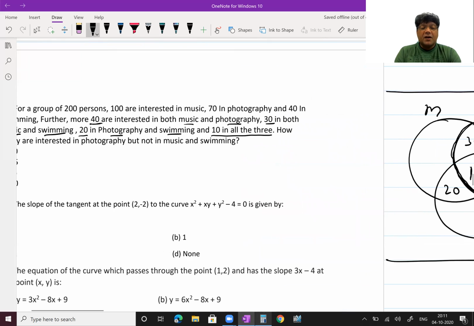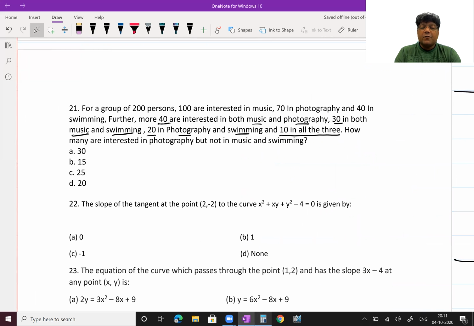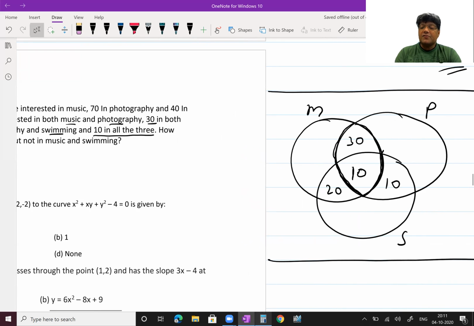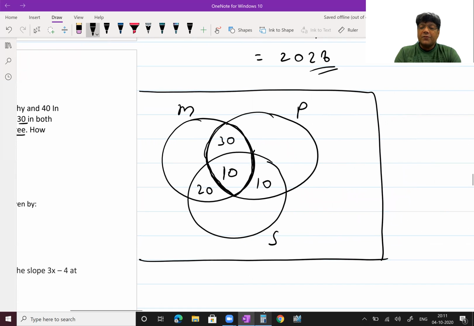Now, the question has asked how many are interested in photography but not in music and swimming. So, guys, photography and not in music and swimming means this portion. That will be total photography minus this: 30 plus 10, 40, 40 plus 10, 50.